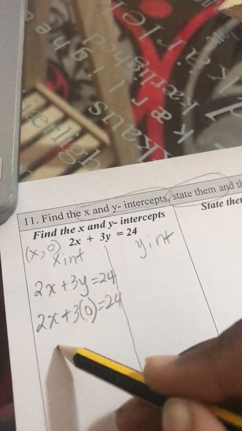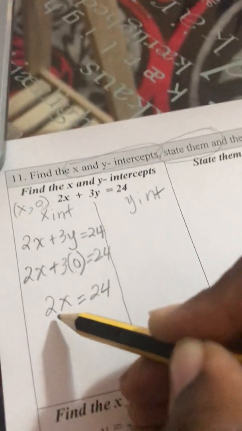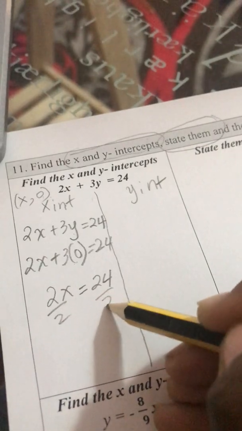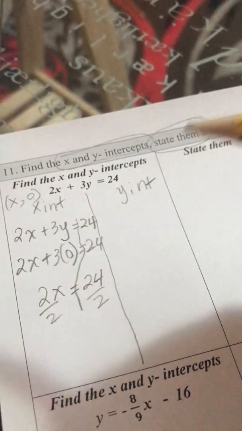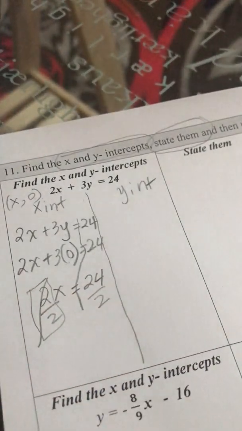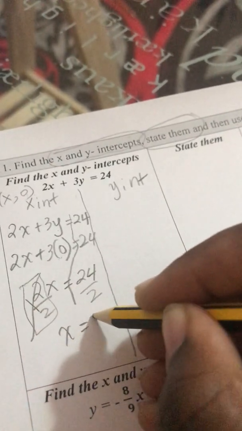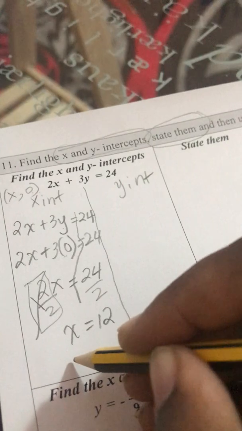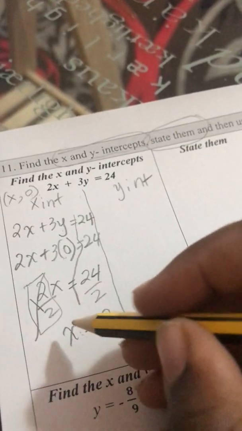Then this becomes 0. 2x equals 24. Divide by 2, divide by 2. Don't forget your bridge. This goes away because it is 1. So I have x equals 12. So here is my x-intercept.